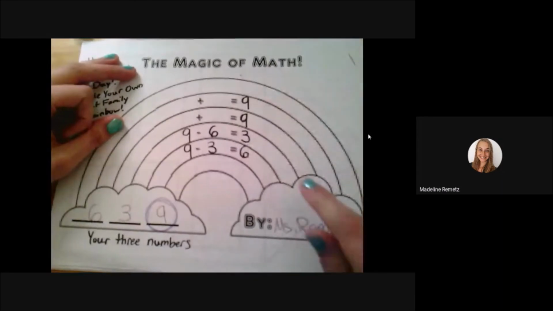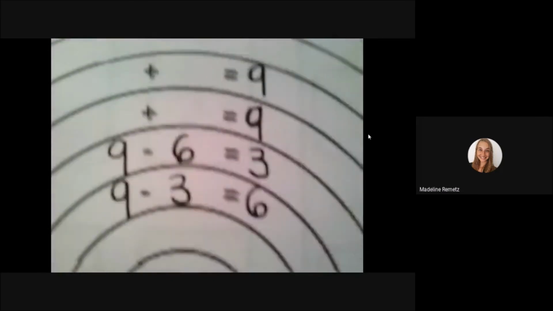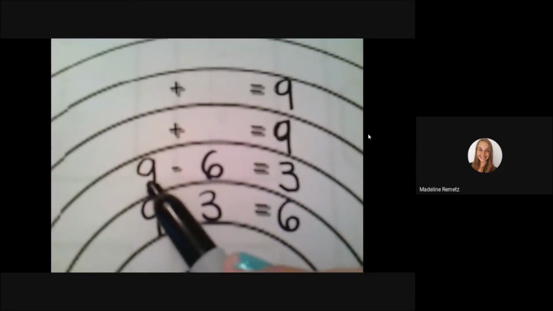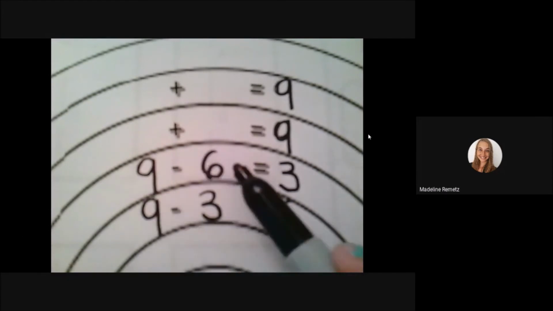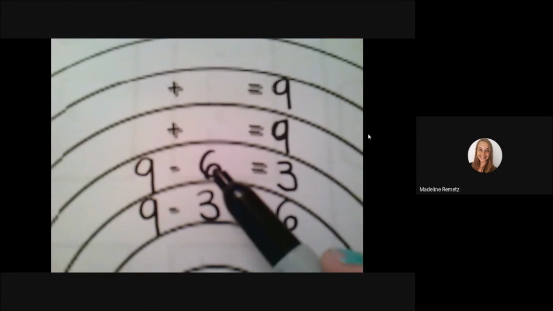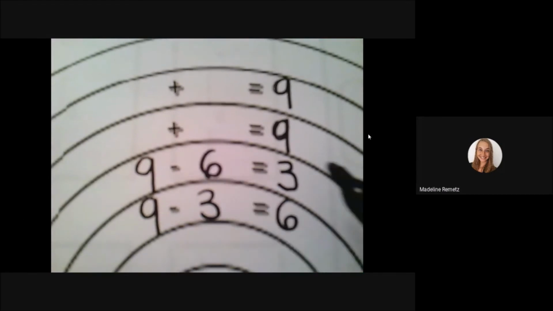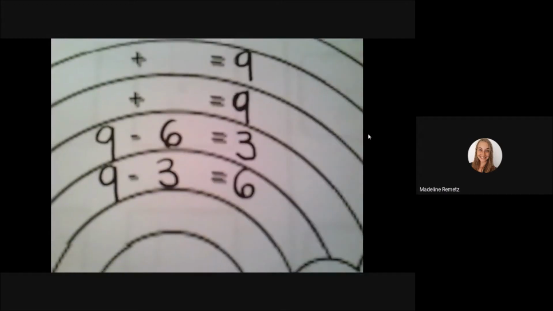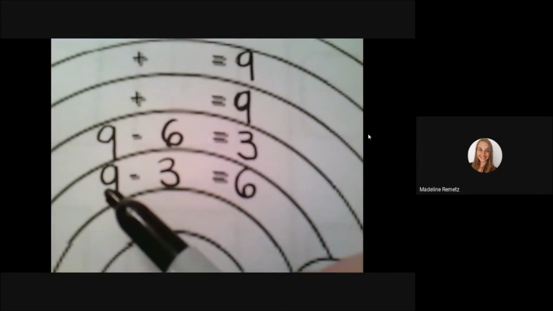If you all zoom in here, you'll see that she just flipped the two numbers. She had the biggest number, 9, took away a biggish number, 6, and got 3. Then she knew that because her fact family was only these 3 numbers, the flip-flop must be 9 minus 3 equals 6.